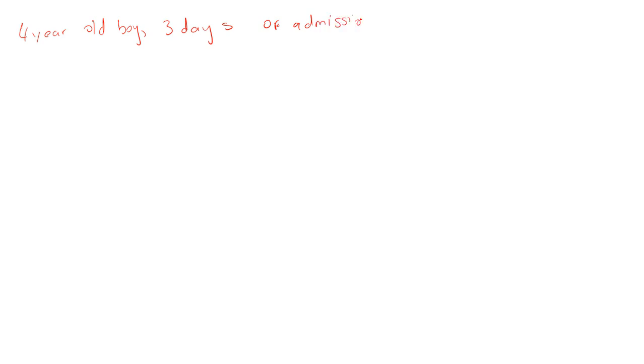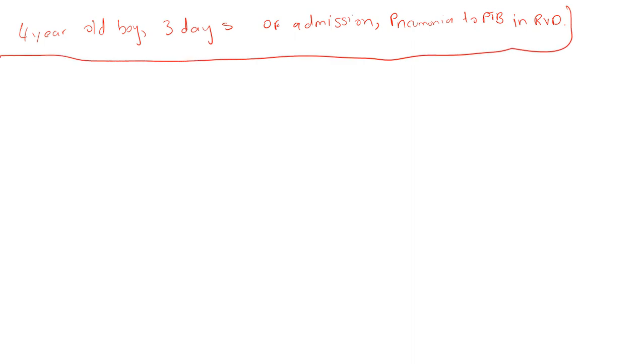This boy is being managed for pneumonia, to rule out TB, to rule out PTB, in RVD. Right, and this is the significant information that you have of your particular patient.